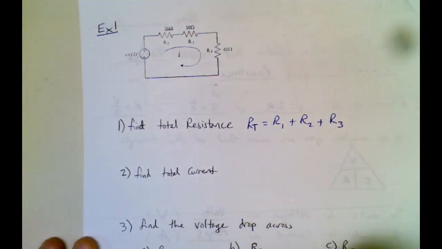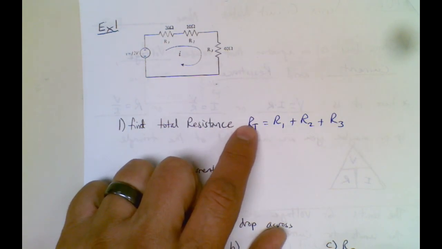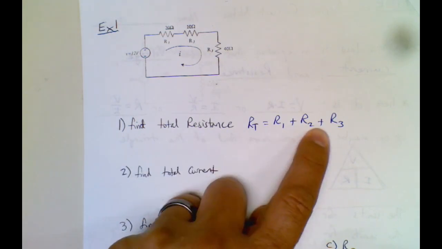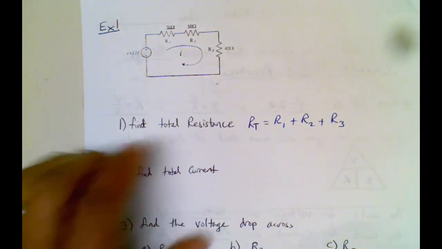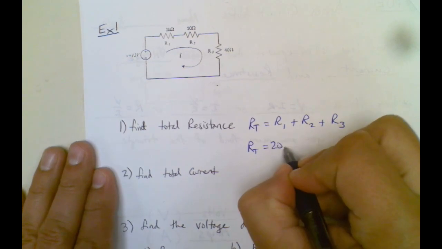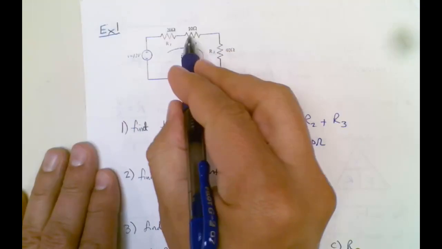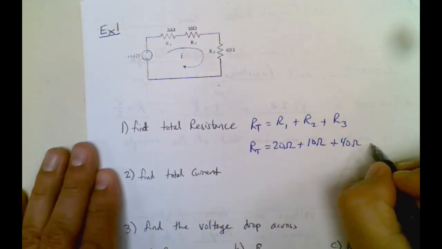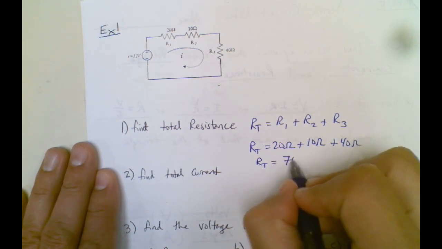Since there are three resistors, my total resistance, which I would write R sub T, equals R sub 1 plus R sub 2 plus R sub 3. So R sub T is going to be 20 ohms for resistor 1, plus 10 ohms for resistor 2, plus 40 ohms for resistor 3, aka your total resistance is 70 ohms.